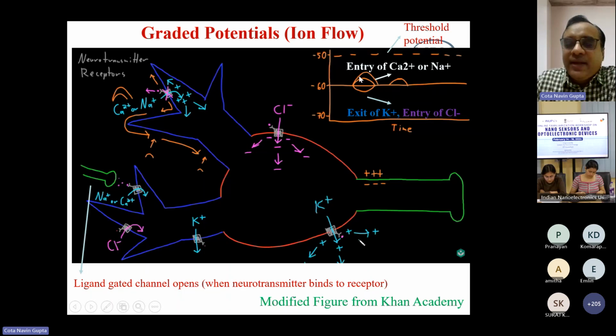When all this happens at the same point, say one synapse with Ca2+, another with Na+, and another synapse with high depolarization, this is all going to get summed up, and this will create an action potential which passes through the axon of a single neuron.